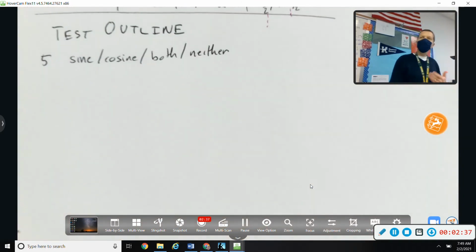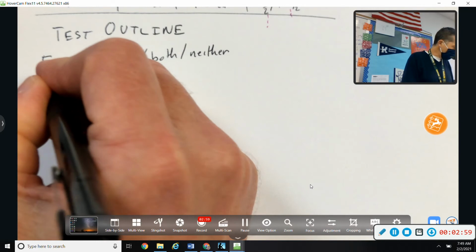So it has to do with the properties. So the range is -1 to 1. Is that sine or cosine or both or neither? The range is -1 to 1. Yeah, say it. Is it sine, cosine, both, or neither? Both. So stuff like that. If you know the properties, those should be easy.